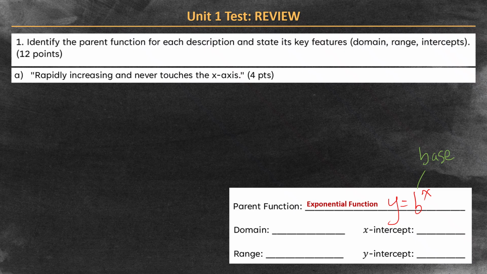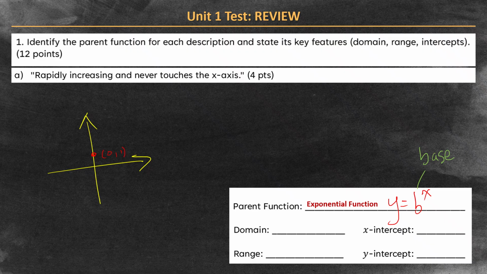Now what's the domain? Before I give you the domain, let's do a quick sketch of what an exponential function looks like. So we have x-axis and y-axis, and any exponential function is going to have a (0, 1) most.